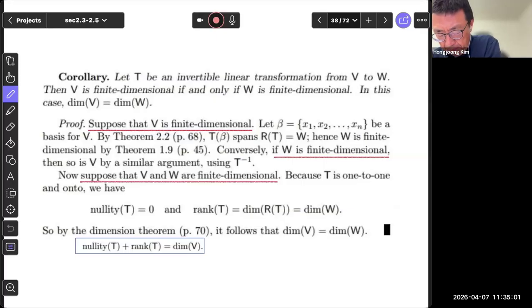And as I said, if T is an invertible linear transformation, then the dimension of V and the dimension of W must be the same because the mapping is one-to-one and onto.